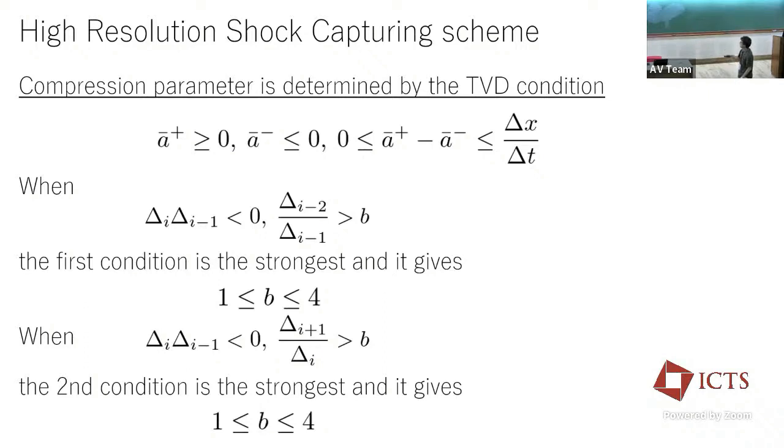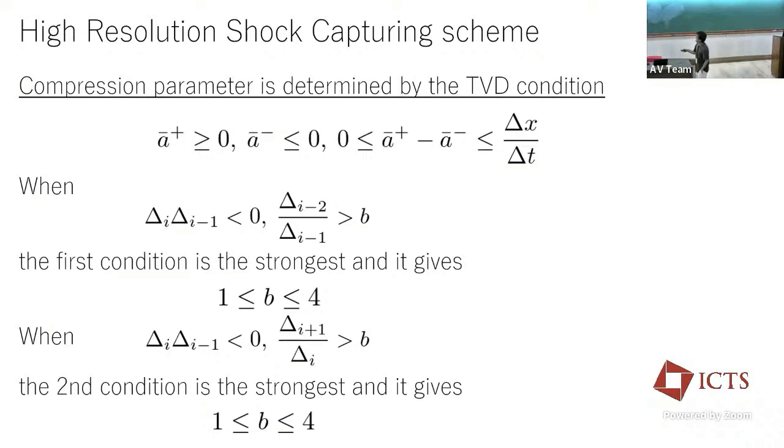So when delta i times delta i minus 1 is negative, also delta i minus 2 over delta i minus 1 is greater than B, the first condition is the strongest condition among these conditions, which results in B being between 1 and 4.